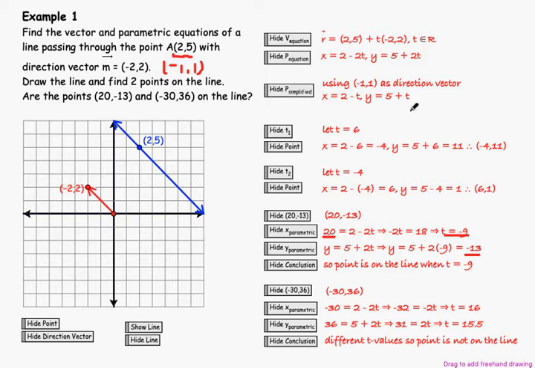Now, let's see if I have some space to write so I can show you in this particular case what would happen if t is 16. Then we would get y is equal to 5 plus 16 times 2, which is 32. So y is 37. So we have the point negative 30, comma 37 is on the line. And now what would happen with 15.5?